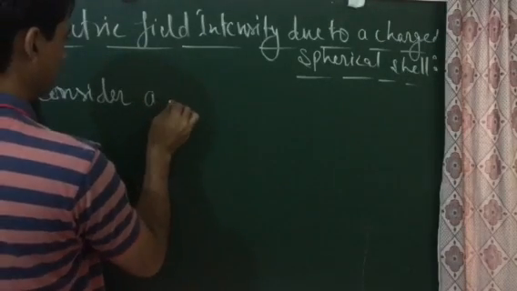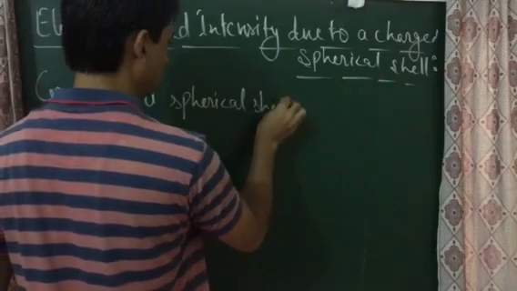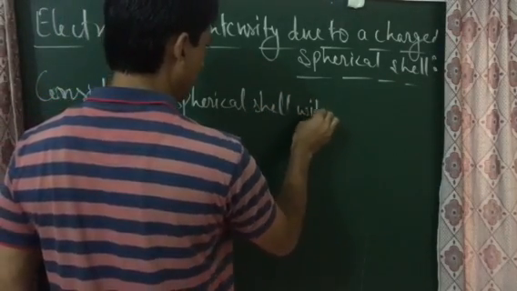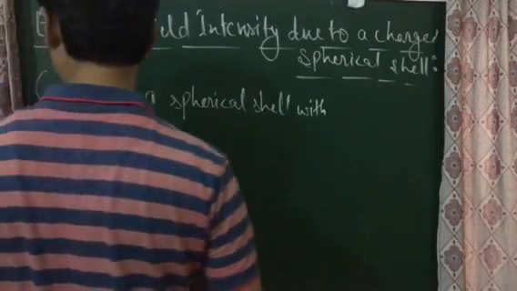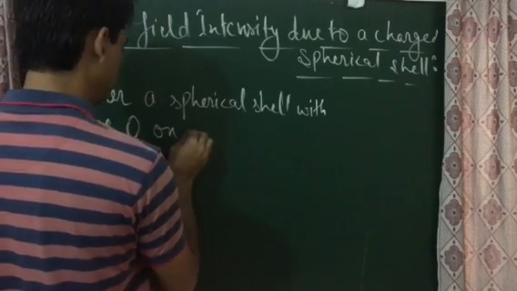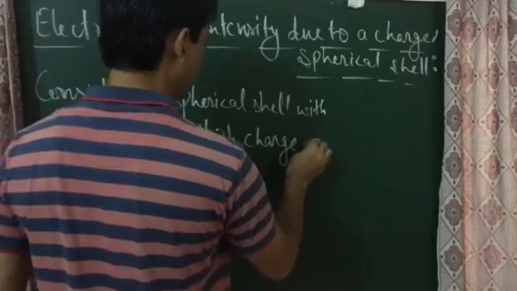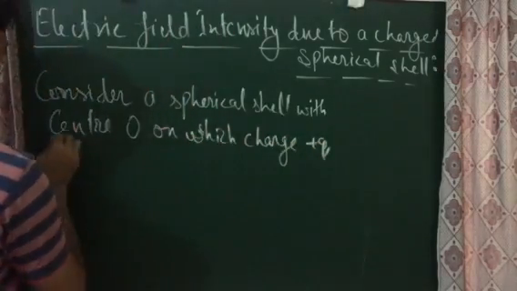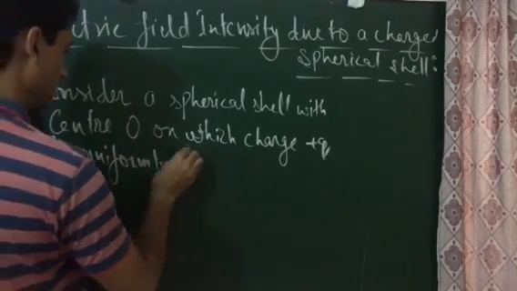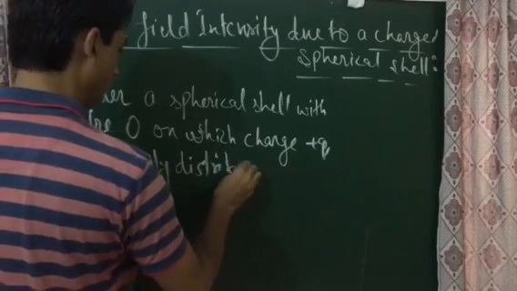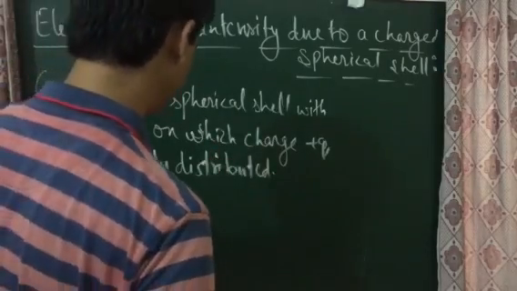a spherical shell with center O on which charge plus Q is uniformly distributed.